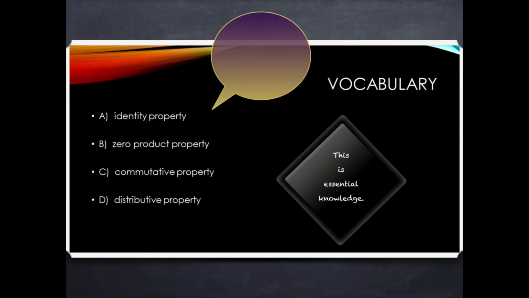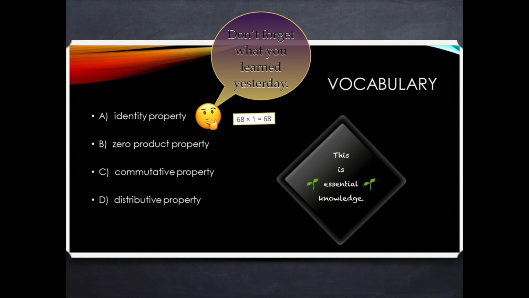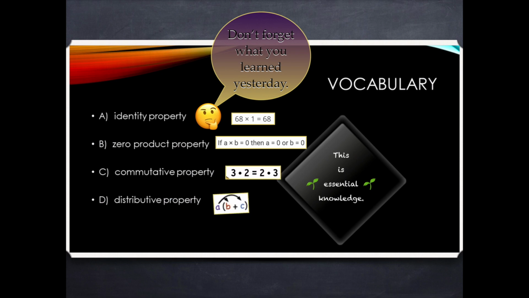And one more time with this, the identity property. A number keeps its identity if you multiply it by 1. Kind of like your age. If you're 11 times 1, it would still be 11. I'm not going to say my age, but if I multiplied it by 1, it would stay the same. 0, if you multiply by 0, you get 0. Commutative, you can flip around and it stays the same.